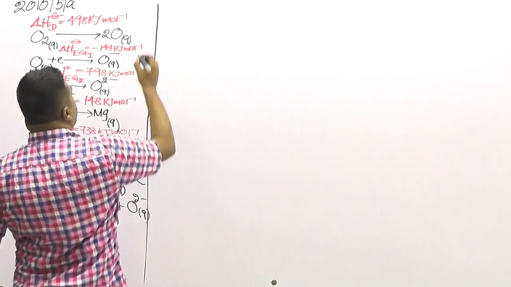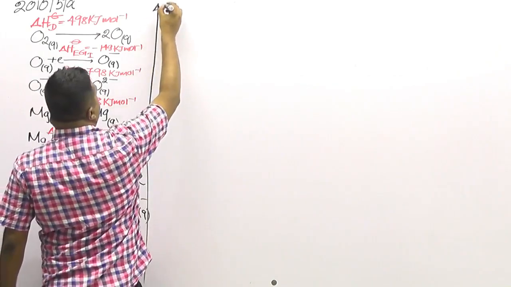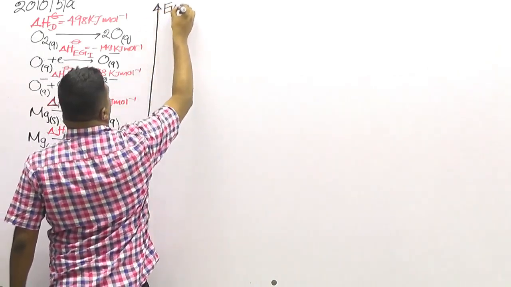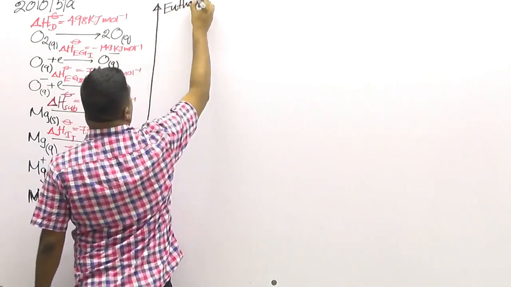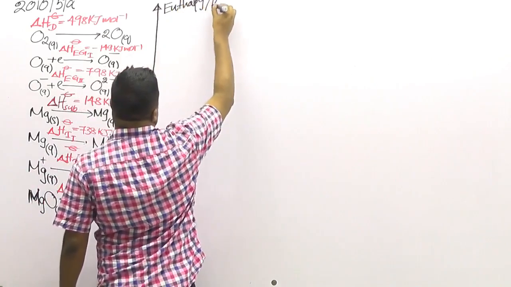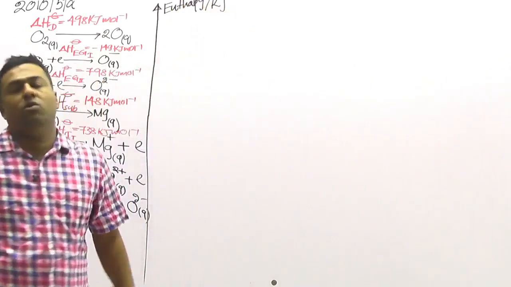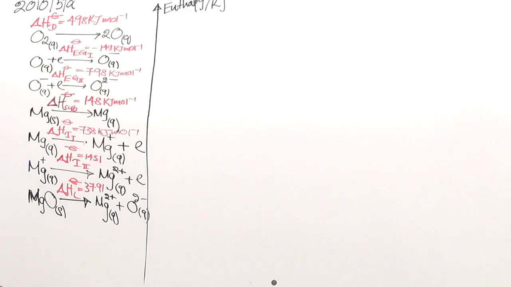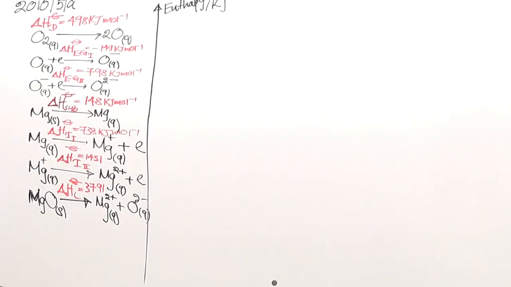So here you have enthalpy in kilojoules. That is the energy axis, or the enthalpy axis.